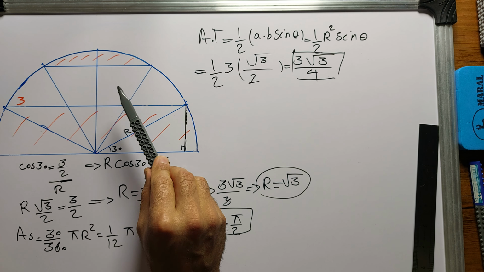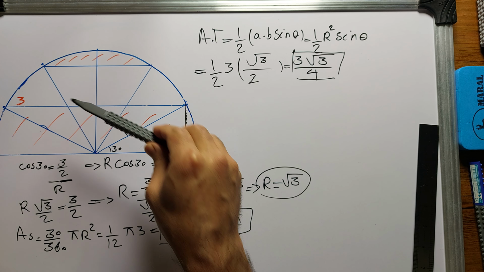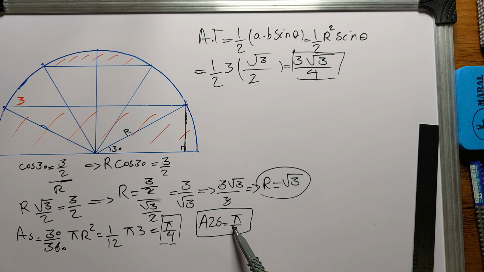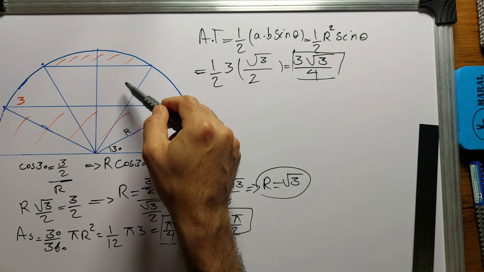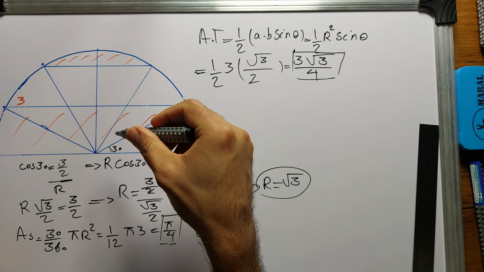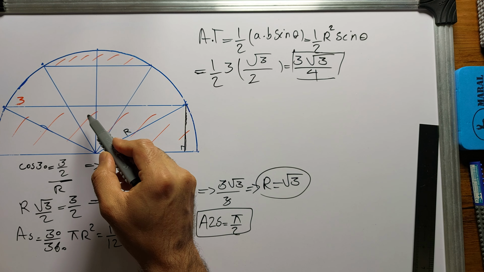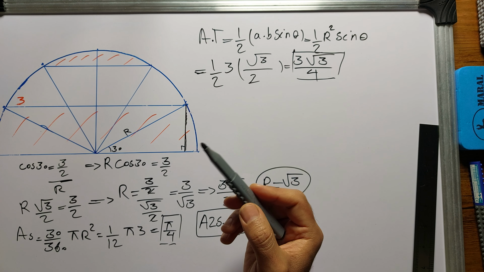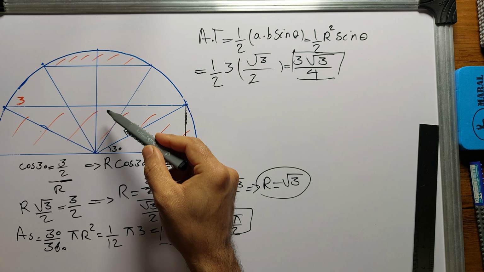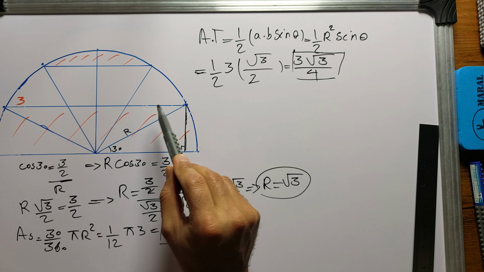So we know that the area of the cap equals the area of these two slices, which is pi over 2, minus the area of this triangle. This is also an isosceles triangle here. So pay attention, the area of this triangle is the same as the area of the triangle that we found, but let's compute it again because the shapes are a little different.